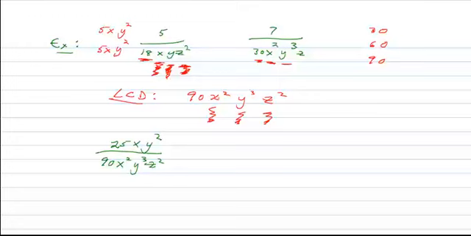Now let's take a look at the other one. Well, the numerical part, 30 goes into 90 3 times, so I'm going to need to multiply by 3. I have 2 factors of x here. How many do I need? I need 2. So I have all my factors of x.